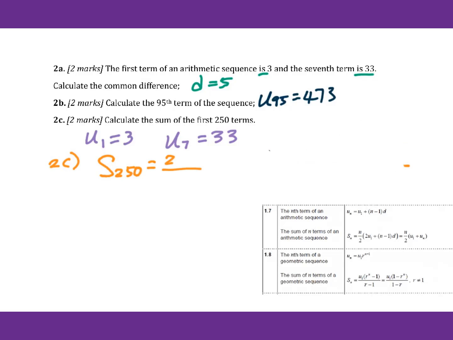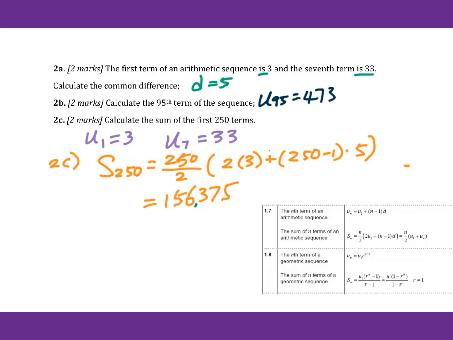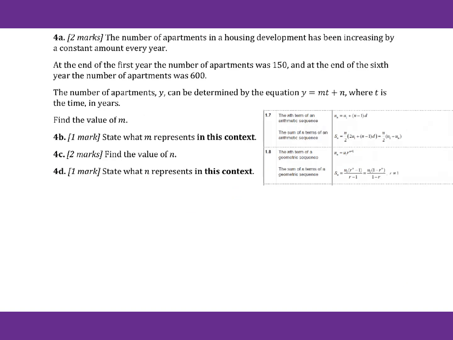That will be 250 over 2 times 2 times u sub 1, that's 3, plus 250 minus 1 times 5 equals 156,375.